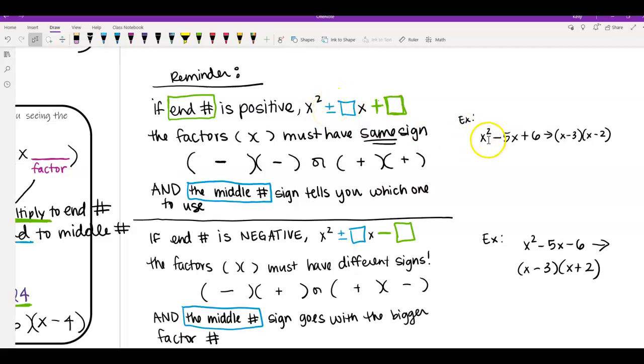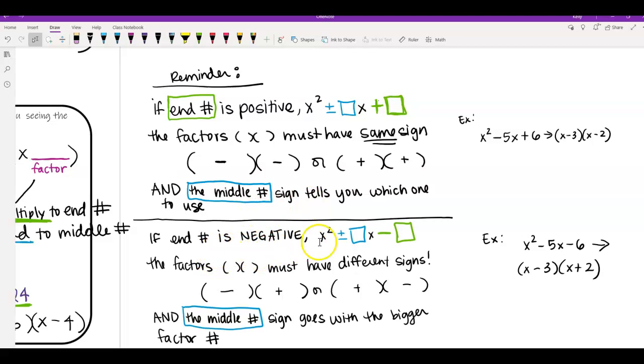So for example, if I had x squared minus 5x plus 6, that means that both of my signs should be the same because it was plus 6, and they both should be minus signs because it was negative 5 in the middle. So then I thought, what two numbers make 6, and that's 3 times 2. 3 plus 2 makes 5, so it's x minus 3, x minus 2.